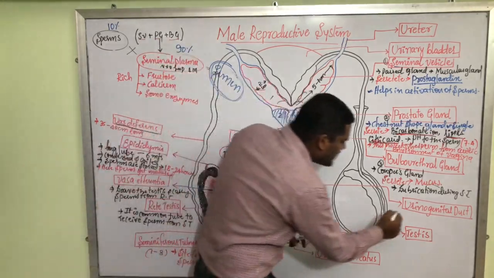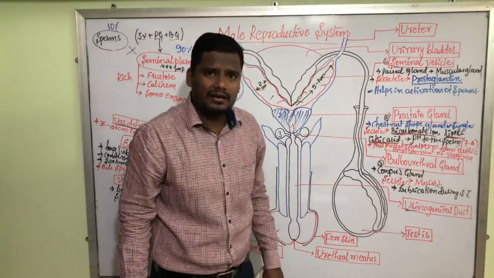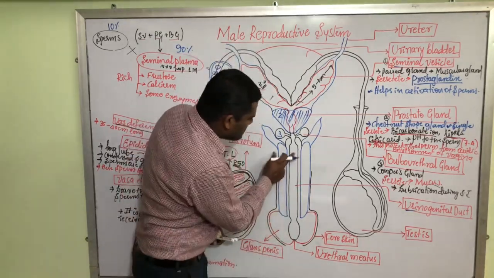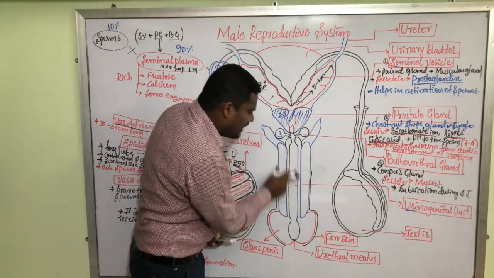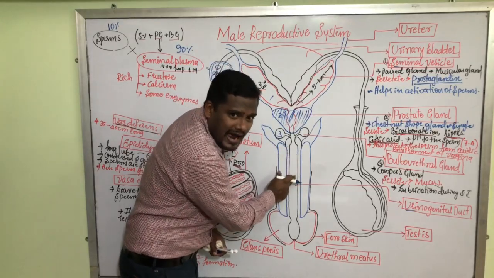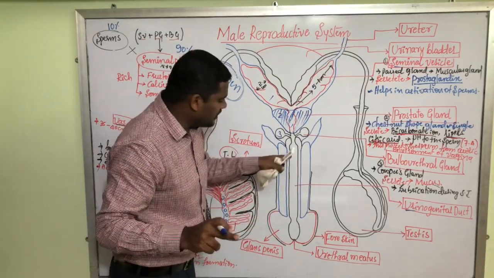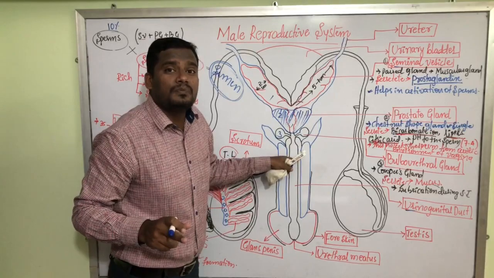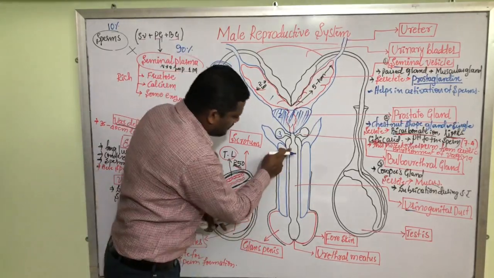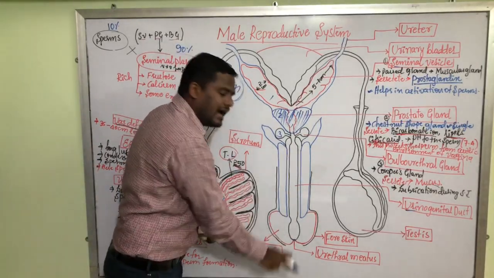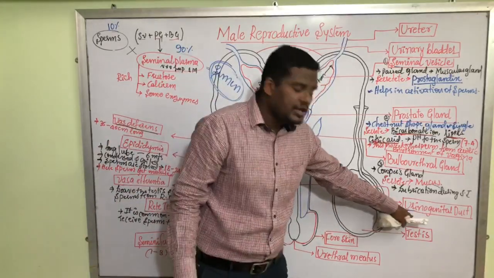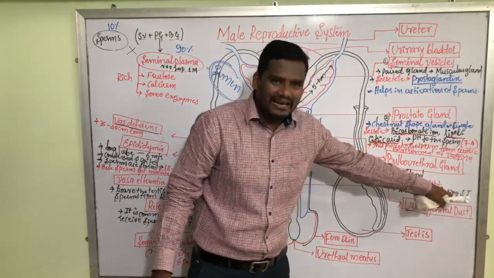Why is it called the urinogenital track? Because this is a common chamber, a common track through which the urine as well as the sperm passes. Sperm comes out here, urine also comes out here, therefore we call it the urinogenital duct.